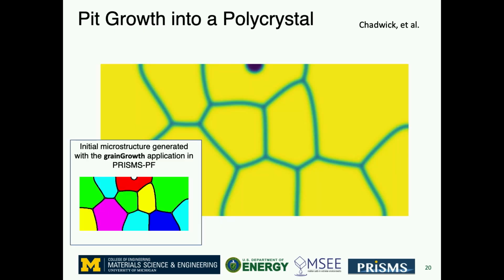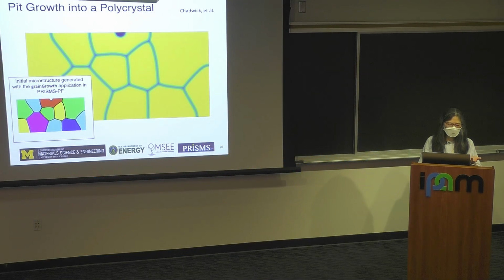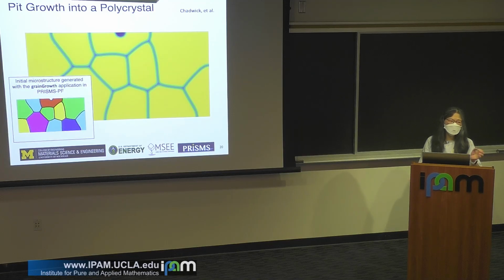With this type of model, you can put in a whole bunch of microstructural effects. For example, if you have a polycrystalline structure, you can just put that into the system and describe some model of what the grain boundary wants to do.